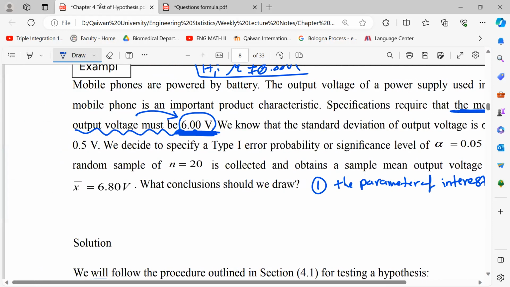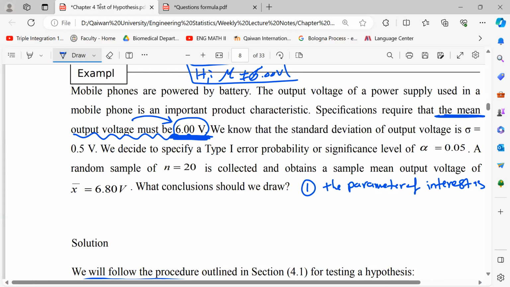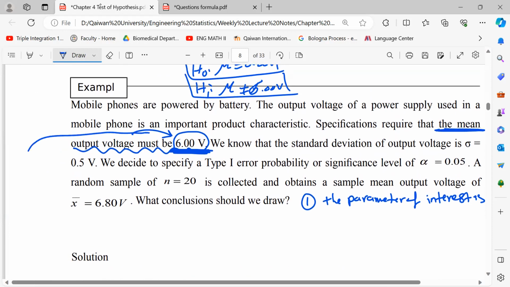Then, in the second step, we define the null hypothesis and the alternative hypothesis. If it satisfies this, it's the null hypothesis. So the null hypothesis is defined by mu equals 6. It says it must be 6.